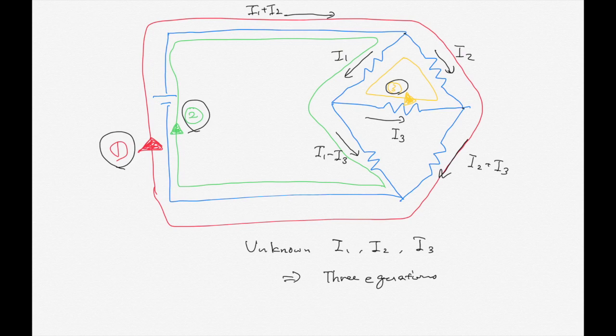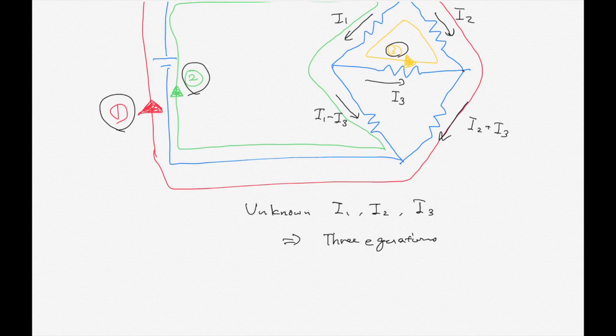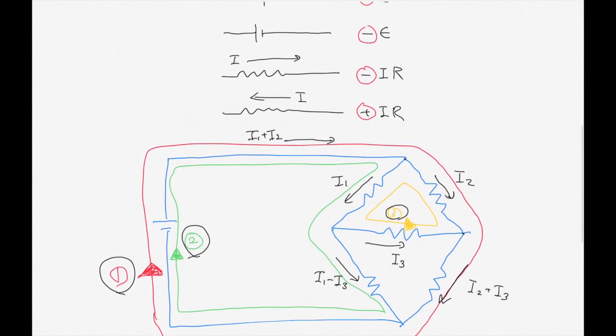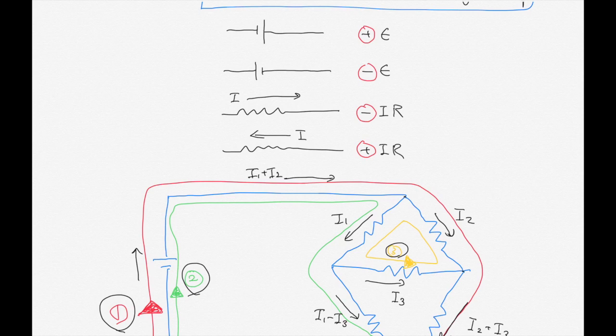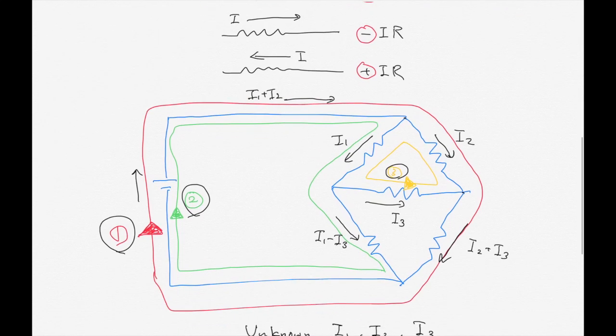Then for the first loop, you should start with this loop. The first one is passing through this voltage drop of the battery. It corresponds to this part, because it is passing to the positive, so you have to put a positive sign.